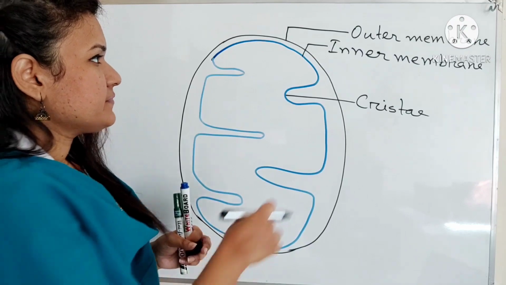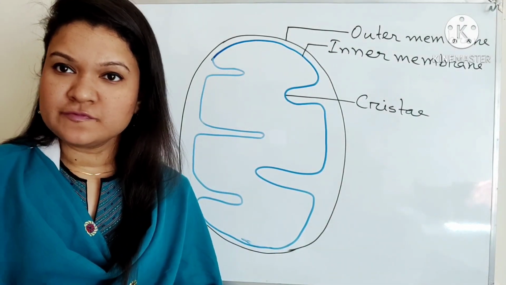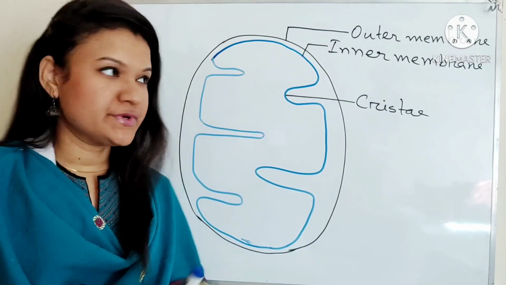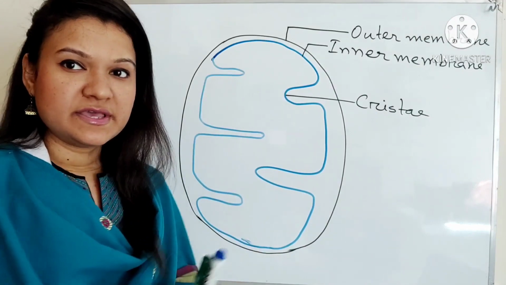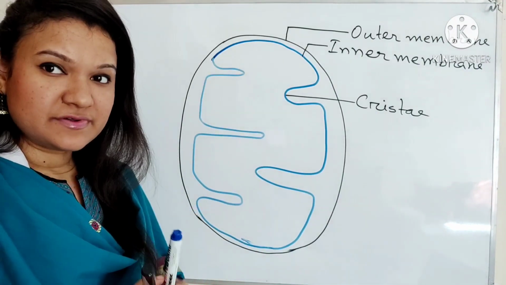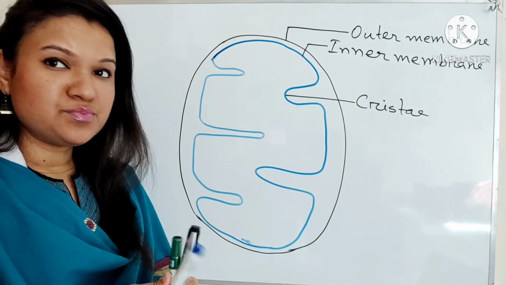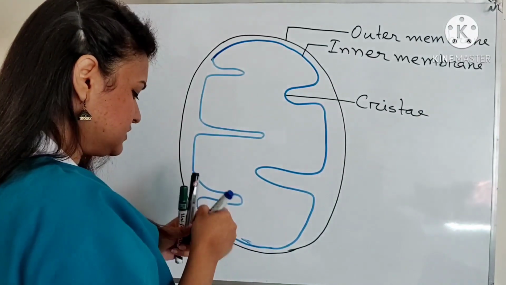The outer membrane and inner membrane are composed of phospholipid and protein, and the inner membrane has some foldings called cristae. In these cristae, some small bounded round-like structures are also present.